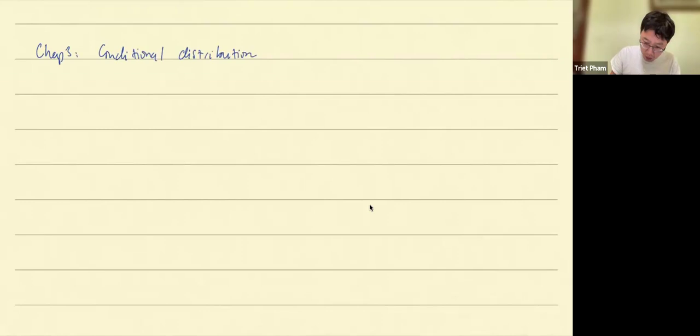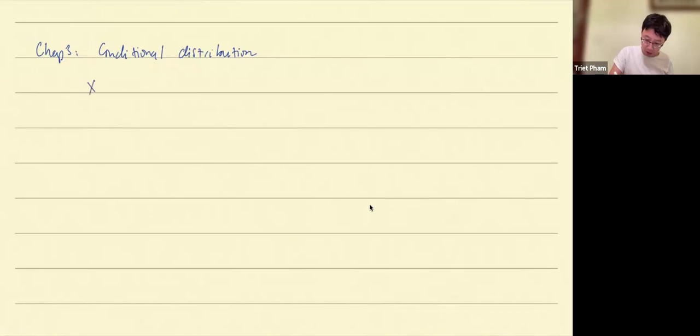To remind you, the point here is that we have two random variables, x and y. Now, in 477, you would discuss the notion of the joint distribution of x and y.